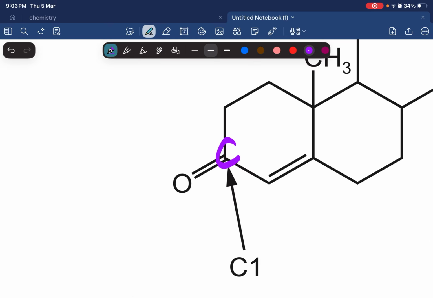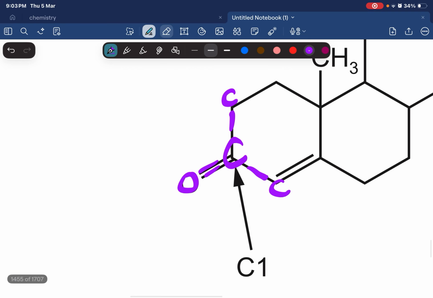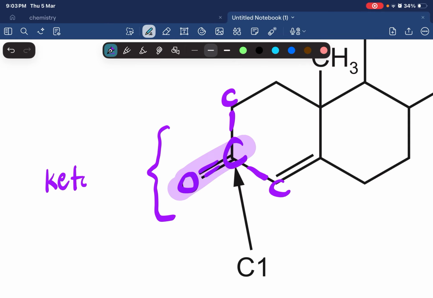Let's look at what's over here. We simply have a carbon that's attached to another carbon on top, another carbon on the bottom, and then we have a double bonded O. What kind of functional group can you see over here? This is a ketone functional group, right?